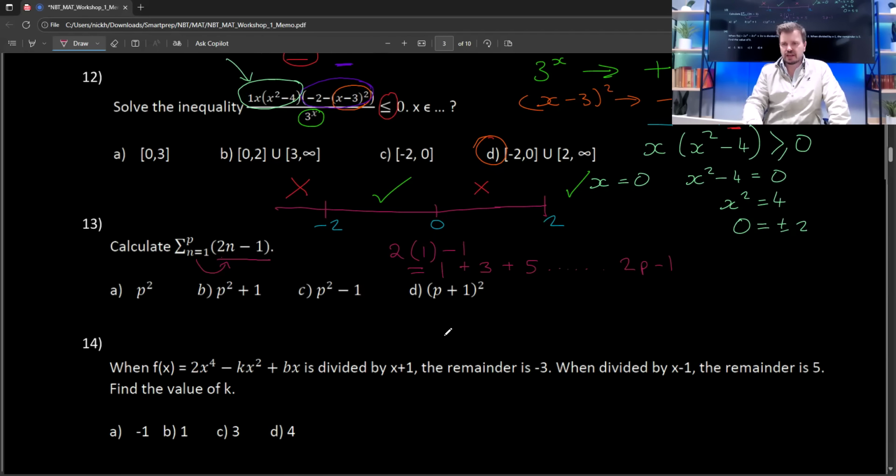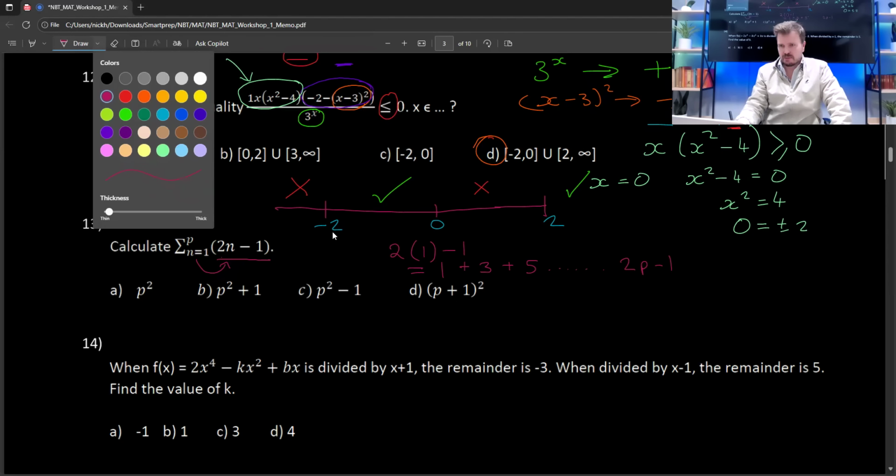Now we get a little bit of trickiness here, because we have to figure out how we're going to add these. We have an arithmetic sequence. So we will use the formula for the sum of an arithmetic sequence.